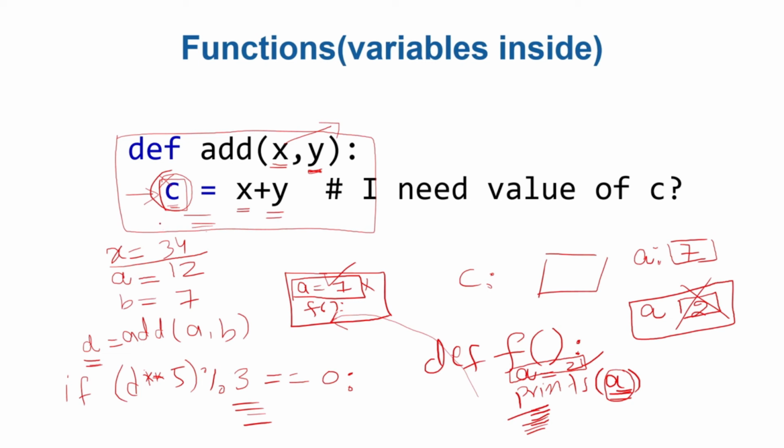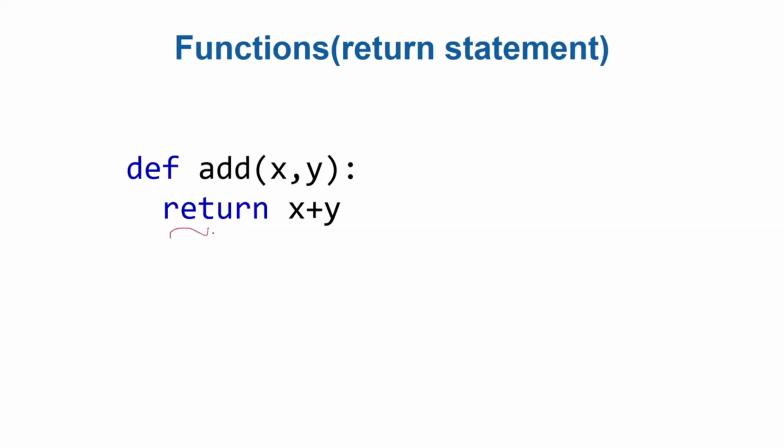How to access that? Well, there is a fix, and that fix is called the return statement. If you write the return statement, for example, you return x plus y. You might have saved these values, for example c equals x plus y, that's okay, and then you say return c.